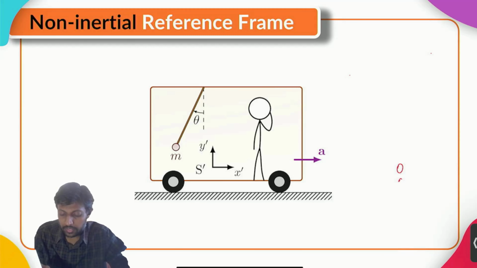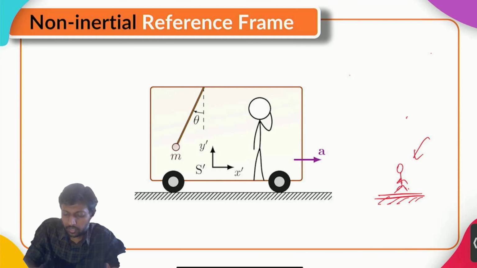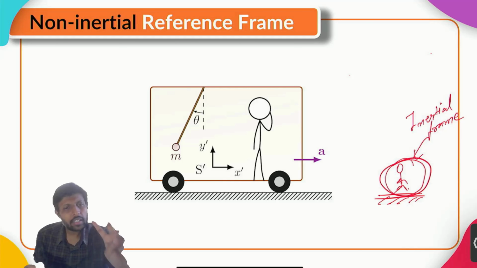But a person standing outside might just be able to answer this question in a simpler way. This person is in an inertial frame, standing on the ground. This person can see there are two forces acting on the object.